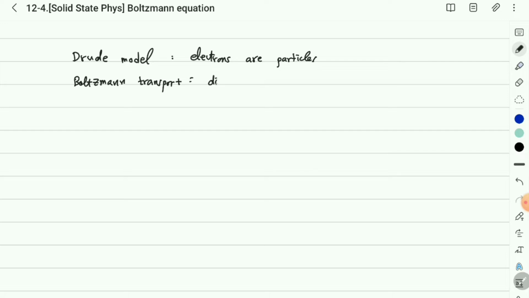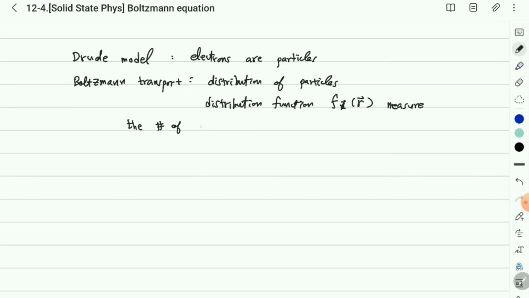Here, the Boltzmann transport defines the distribution function, for example, the distribution function f_k(r), and the distribution function measures the number of carriers in the kth state in the neighborhood of r.